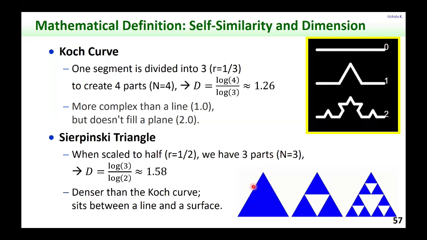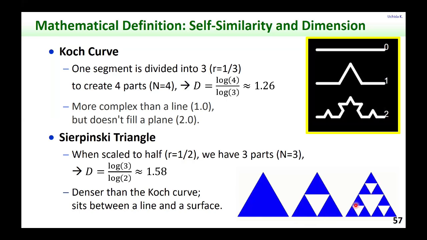Let's take another example, the Sierpinski gasket, Sierpinski triangle. When we scale the triangle to half, we have 3 copies, okay? Only 3 copies here.